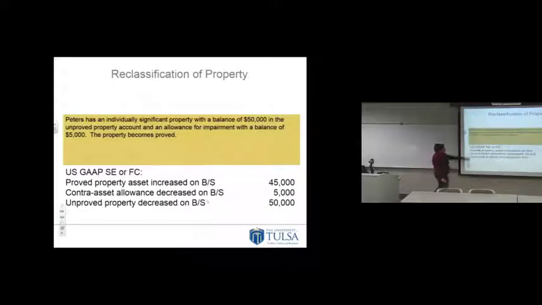So I've reduced an asset of 50, but I've reduced a contra asset by 5. That's a net reduction on that unproved property of 45, because I've reduced the asset by 50, but I've also reduced the contra asset, the allowance, by 5. So that's a net reduction in unproved property of 45, and then it's just really being transferred to proved property. So I'm taking the asset out of unproved property and just moving it to proved property.